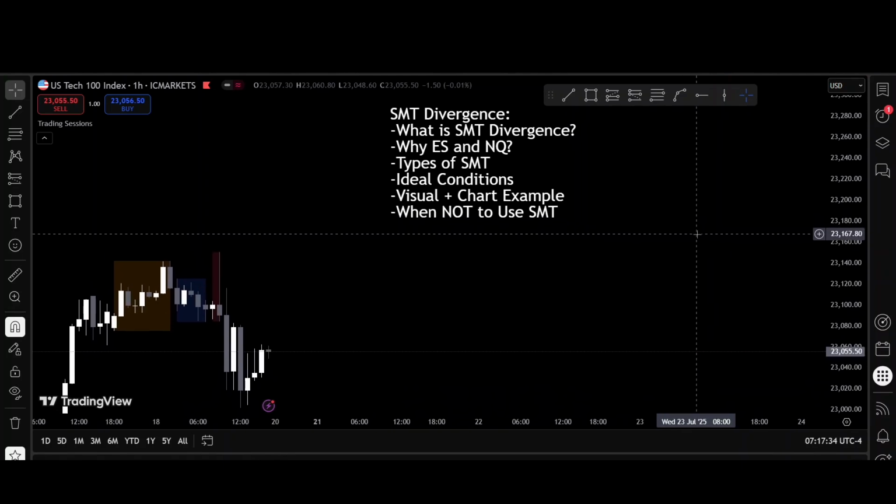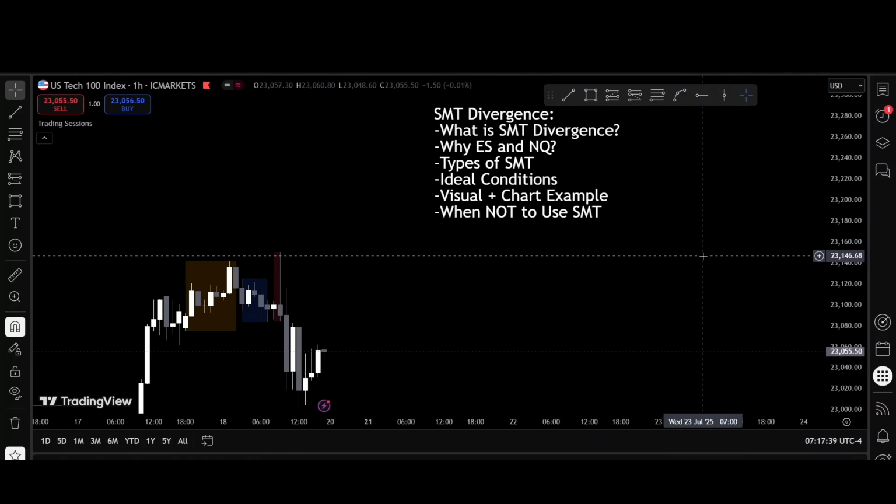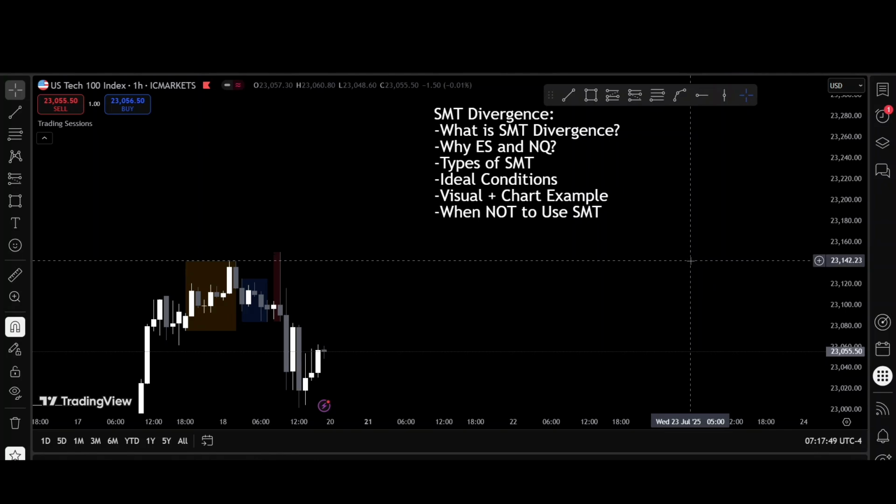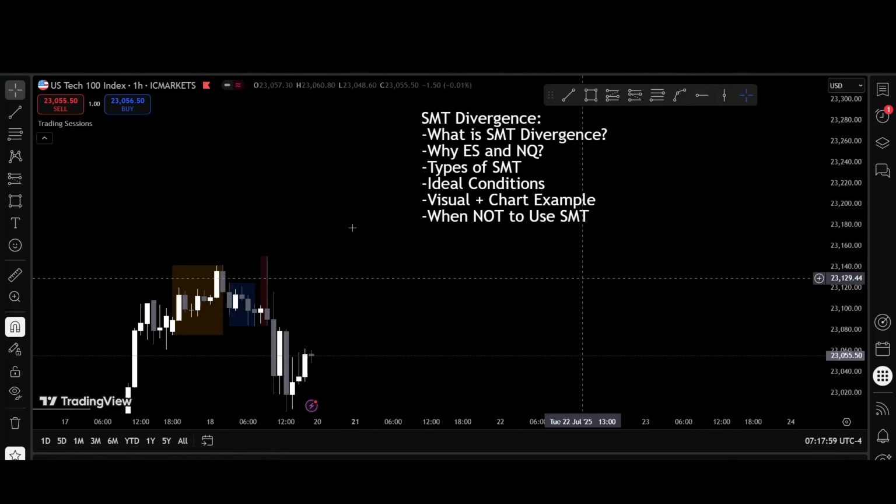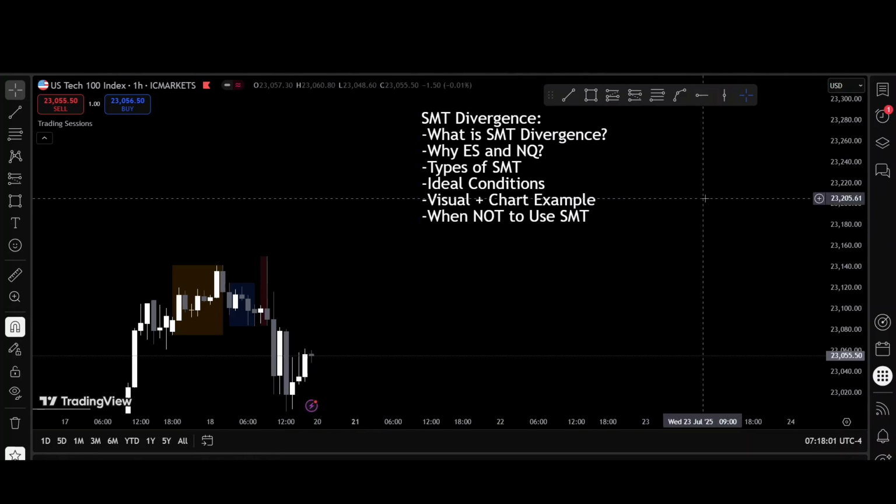These three correlate, and if you trade Forex or precious metals like gold, you have to find the other indexes that correlate with the pair you trade. I don't know what the correlation is for the others. I only know for ES and NQ. So this is what I trade, and I'm going to be going through them only on ES and NQ.